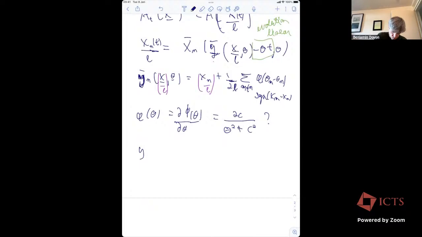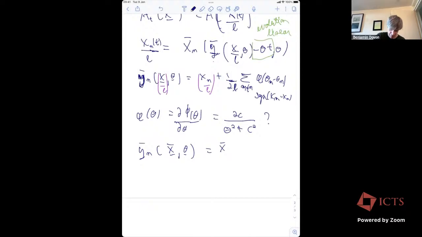So I say y bar n, if I evaluate it at x bar directly as a vector, comma theta as a vector, I would get x bar of x over L. Sorry, this is the inverse.